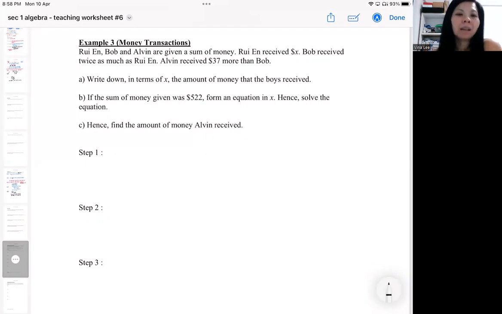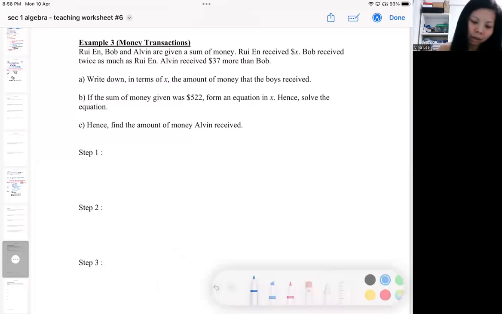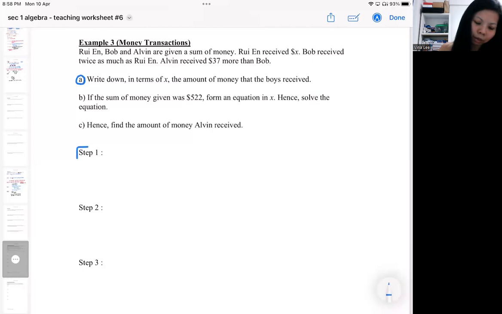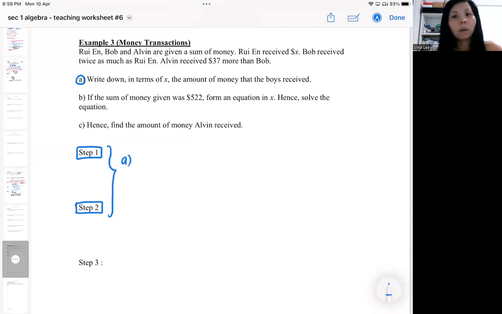So if you look at part A, write down in terms of X the amount of money that the boys receive. So part A falls under the idea of step 1, step 2. So it's like combining the algebra in part A. Ray Earn is X dollars.